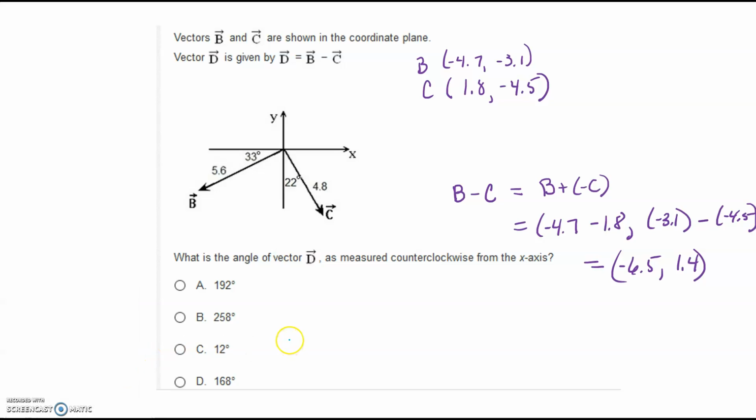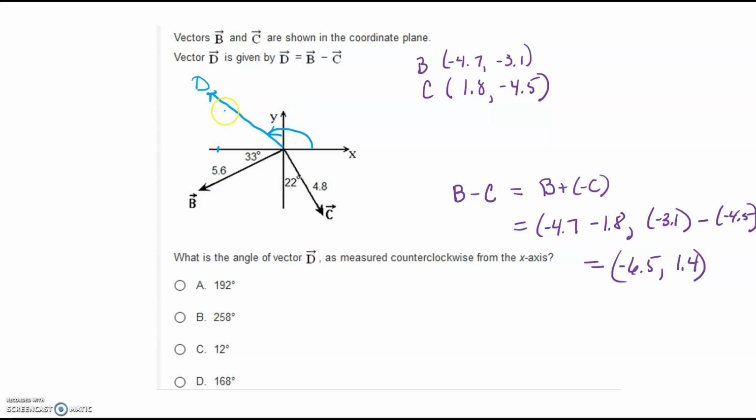Sorry, the word left. So let's see where exactly that would be. So negative 6.5 would be here maybe, and positive 1.4 would be here. So this is going to be D, right? And I'm looking for, it says measured counterclockwise from the x-axis. So that would be this right here.